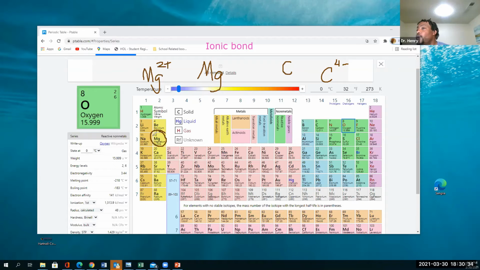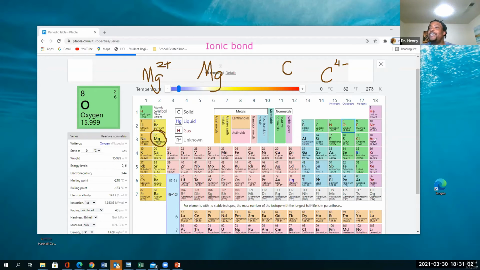So it's easier for it to lose 2 electrons. Now, always, you want to think about it in ease. Here's magnesium. 1, 2, right? Neon is right here. If you're here, you have to go 1, 2, 3, 4, 5, 6. That's a lot more energy. So you want to be lazy.